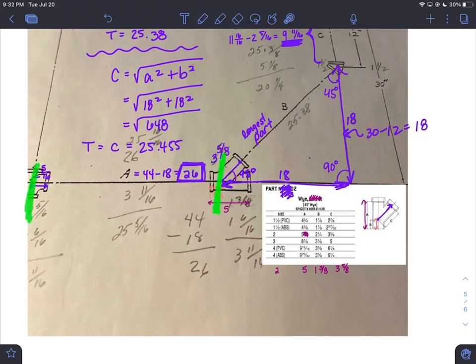If you wanted just the number from here to here, then you would have to take away this value right here. So this would be 26 minus 2 5/16. Remember this, I can turn this into a 1.